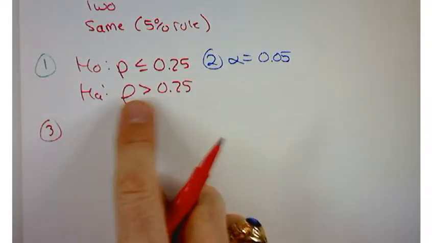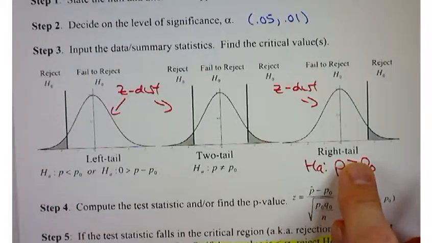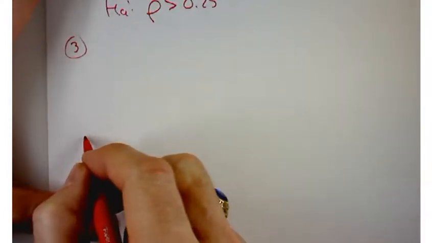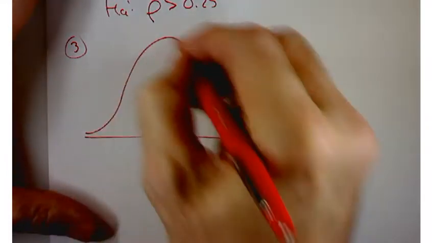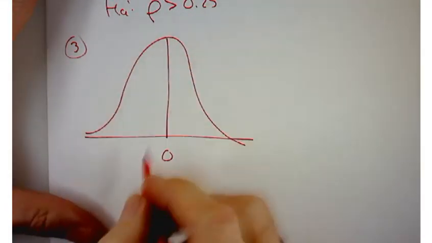Well, we've got p is greater than 0.25. Yeah, it's going to be a right tail test. All right, so a right tail test. So draw our little distribution here. Z is in the middle at 0.